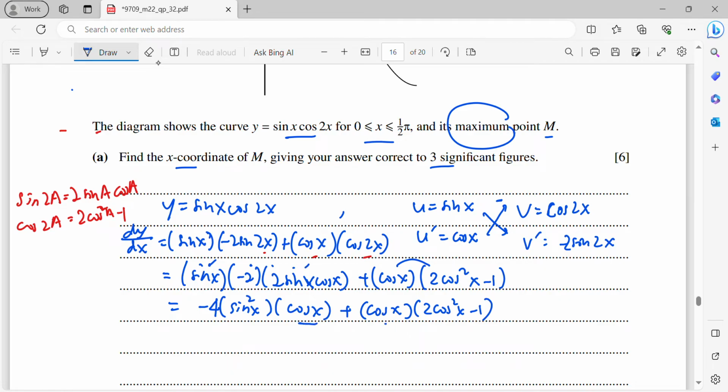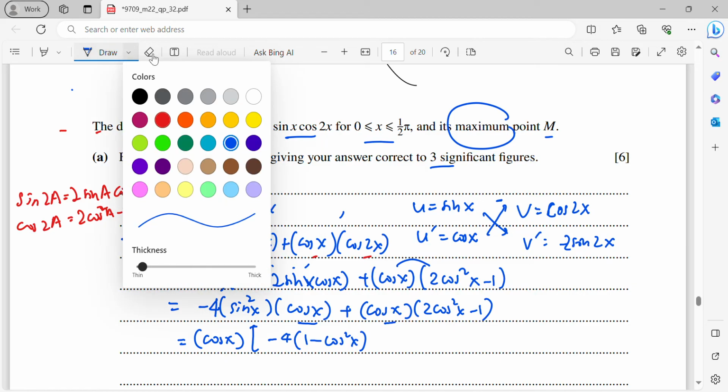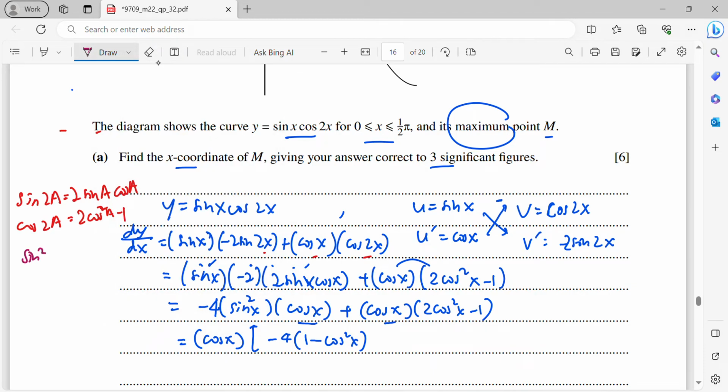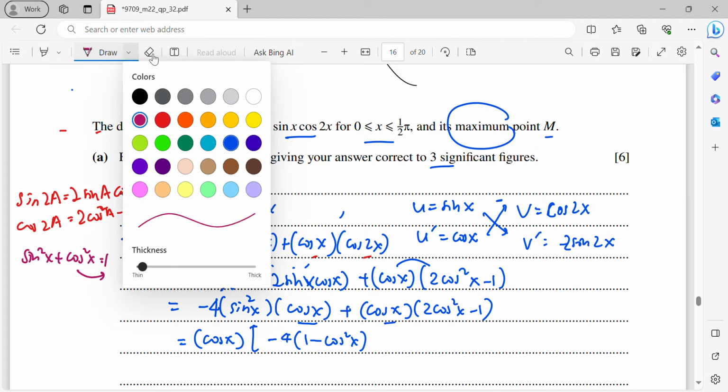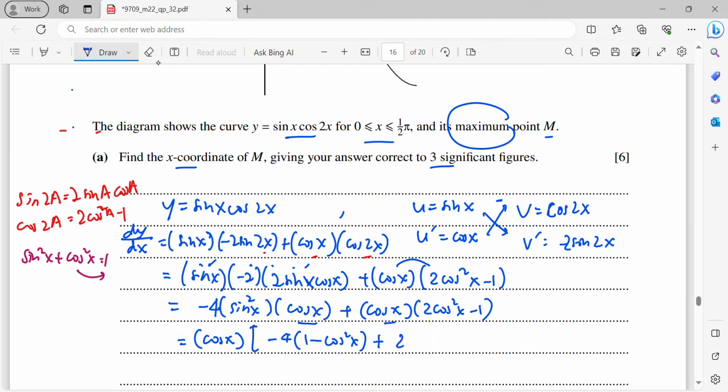So the common term is the cos, so I will factorize the cos x. Then I will get minus 4. The sine square x will be changed to 1 minus cos square x using the identity: sine square x plus cos square x is 1. Okay, so sine square x is 1 minus cos square x. And then here is going to be plus 2 cos square x minus 1.